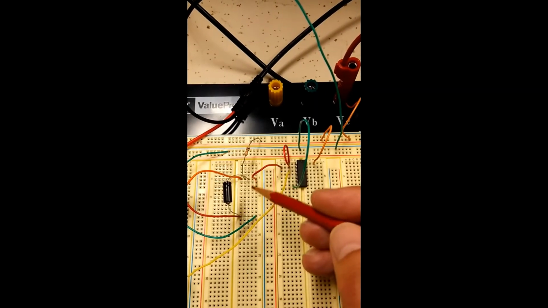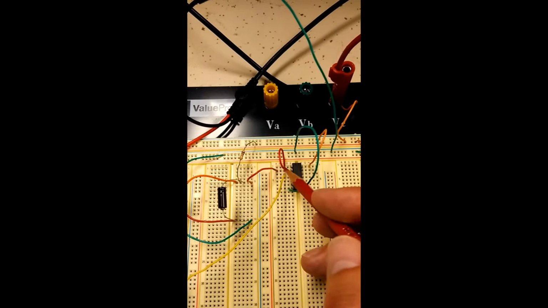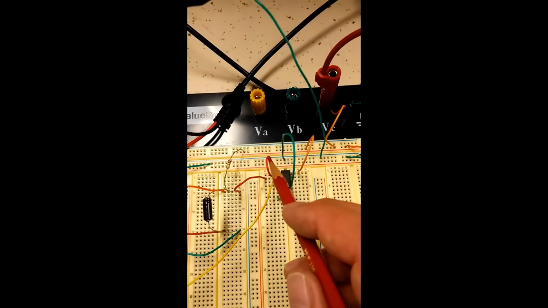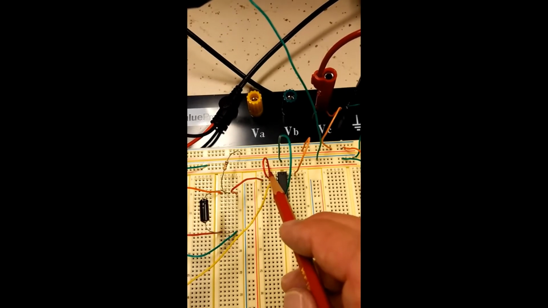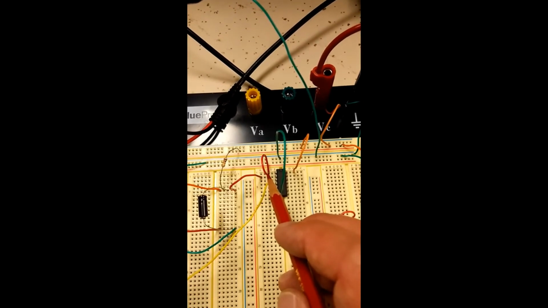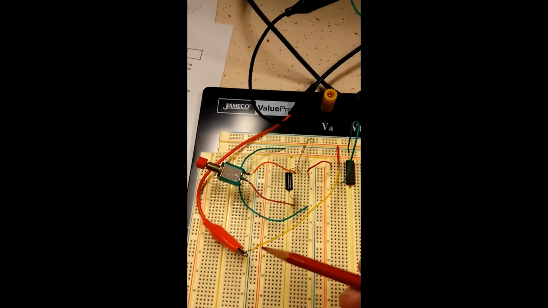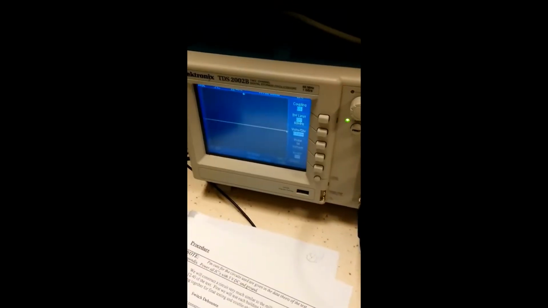So this generates a 5 volts signal to A and B. You have high input to A and high input to B, so 1 and 1, and then you expect the output to be 0 because it's a NAND gate.